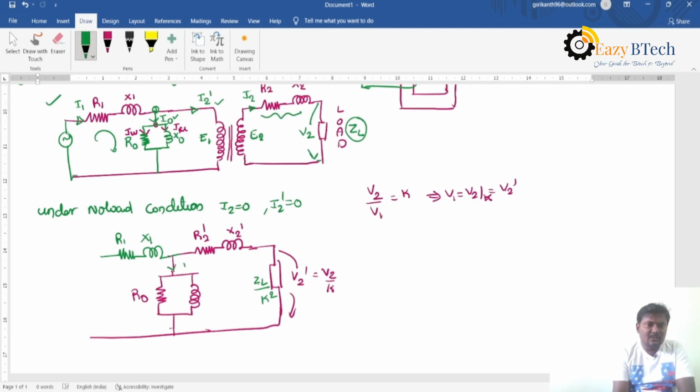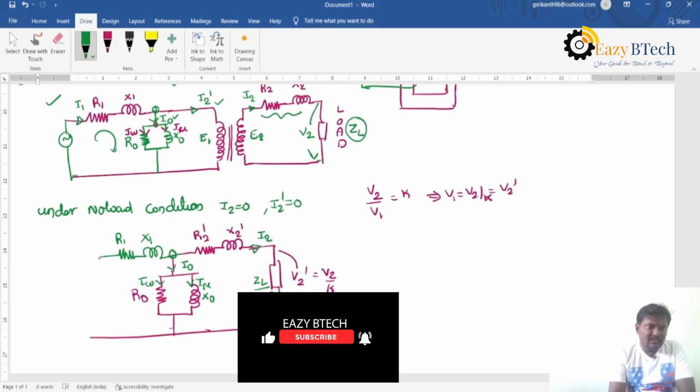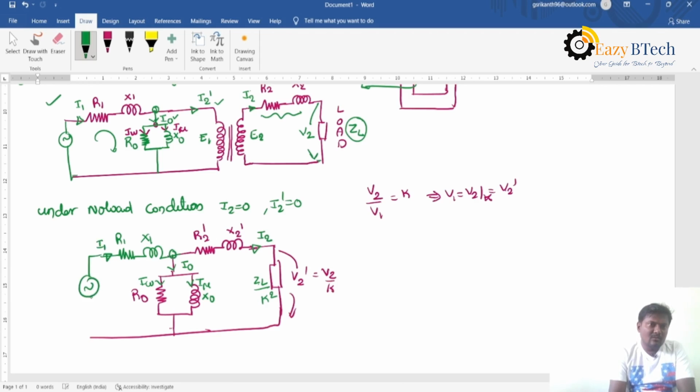The current flowing in the no load branch is I0, with the wattful component of current and the magnetizing component of current. The current which flows through these secondary parameters is I2. If you apply KCL at this node, the primary current is I1 and the supply voltage is V1.